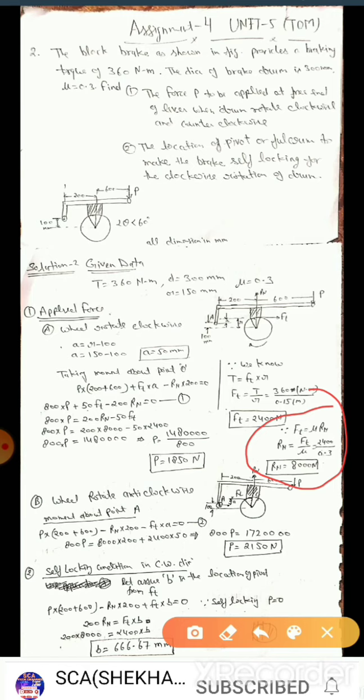We also have the value of Ft as 2400 Newton. So we can easily find the value of Rn as 8000 Newton. So we have found Ft and Rn.